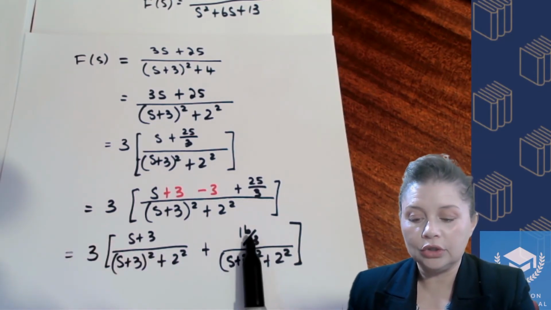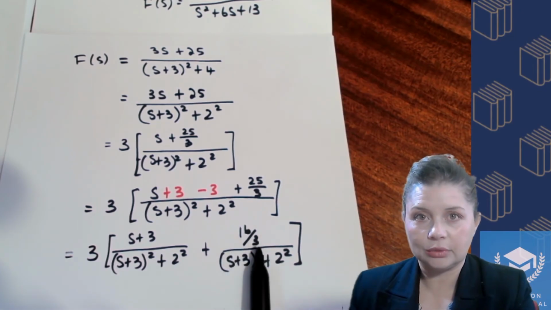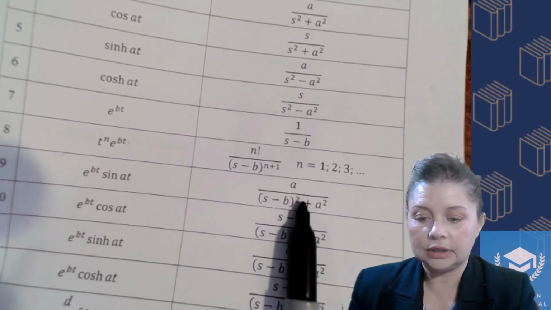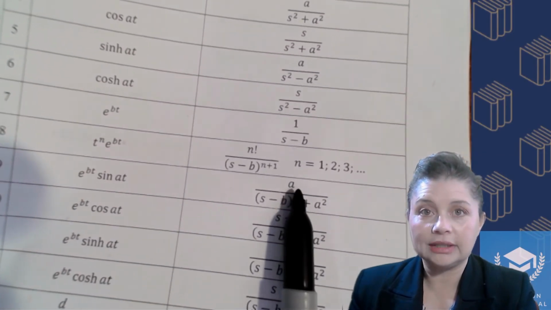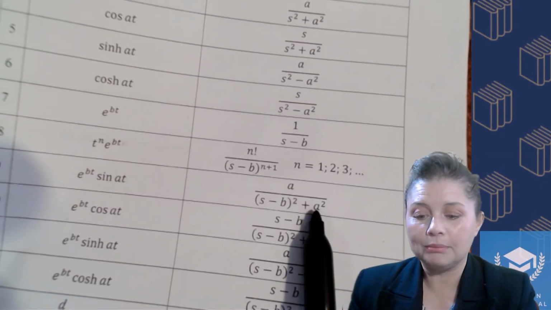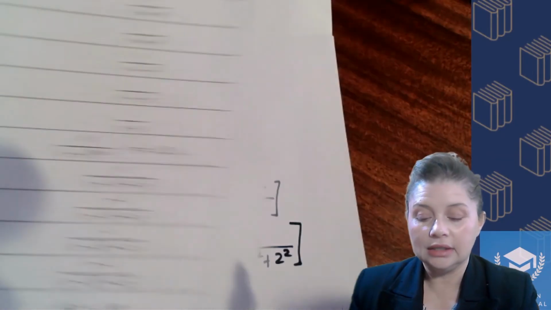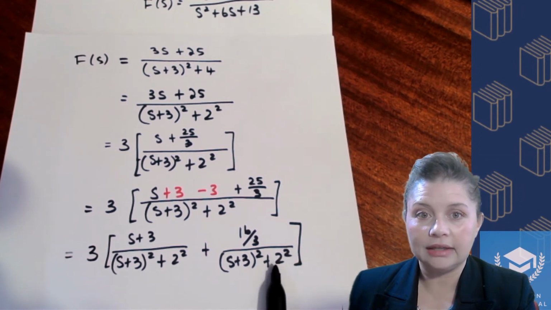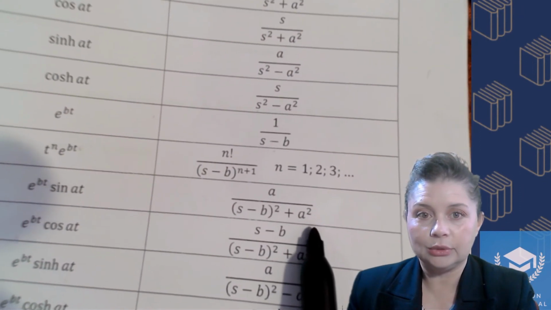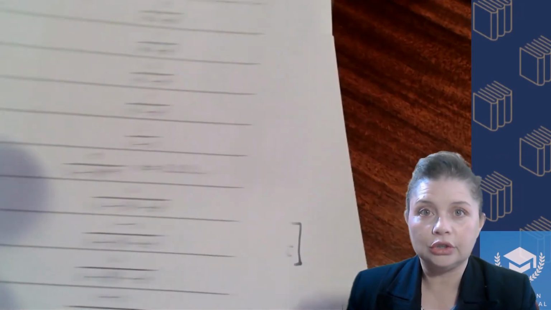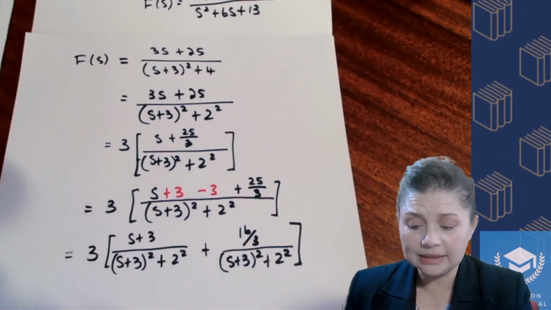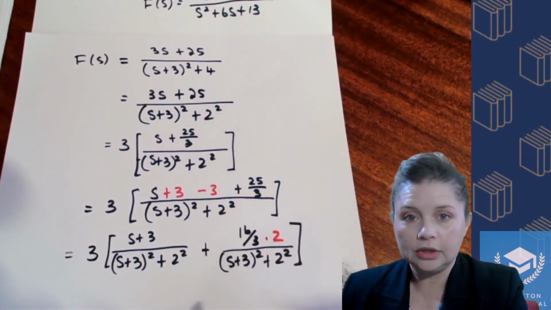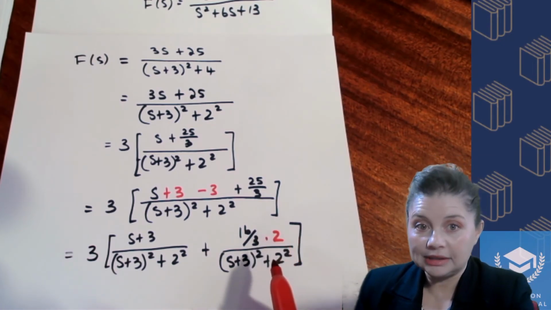Because if you now go to the numerator, you've got a constant in the numerator, which means you are looking at this one over here, right? You have a constant in the numerator, but that constant has to match what is in the denominator. So here we've got a 2 in the denominator, that's 2 squared, right? The a value here is 2, which means I need the 2 in the numerator as well, which means I can introduce it, right? So I'm going to say times 2. I have to compensate for that.